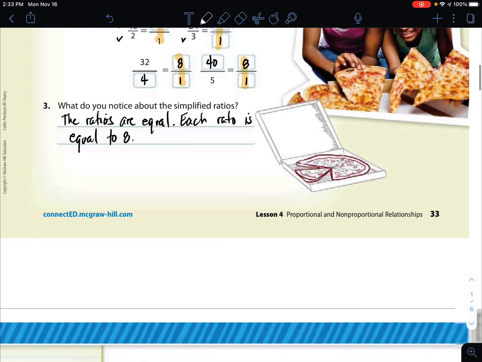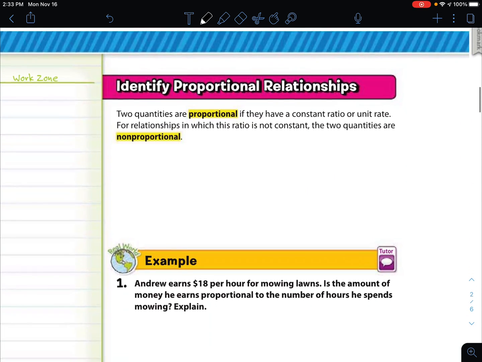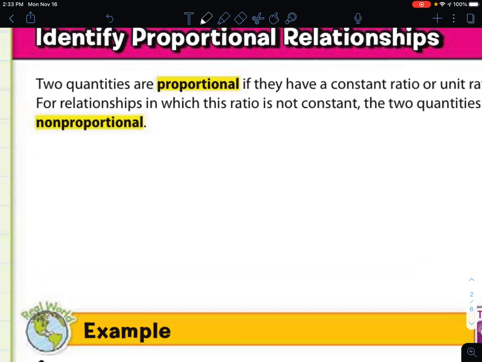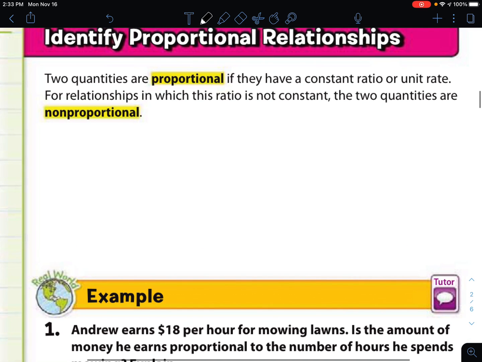Let's take a look at the key concept for this lesson. Now we can move on to defining a few terms here, proportional and non-proportional. Let's read the first paragraph here. Two quantities are proportional if they have a constant ratio or a unit rate.